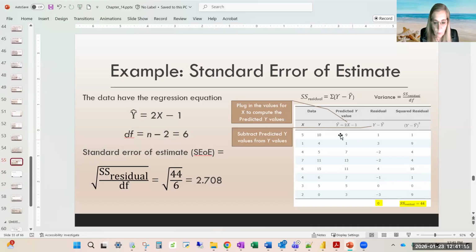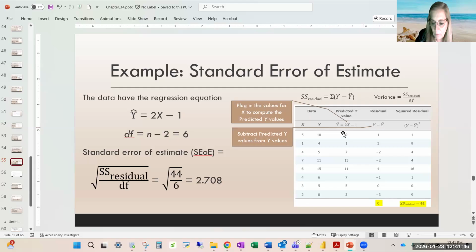And of course, in order to arrive at these values, y hat, you would have to take this formula and calculate, right? We have y hat equals 2x minus 1. So if we say 2 times 5 is 10 minus 1, we would arrive at 9. Yes? And going across, you'll find that's how all of these are calculated.